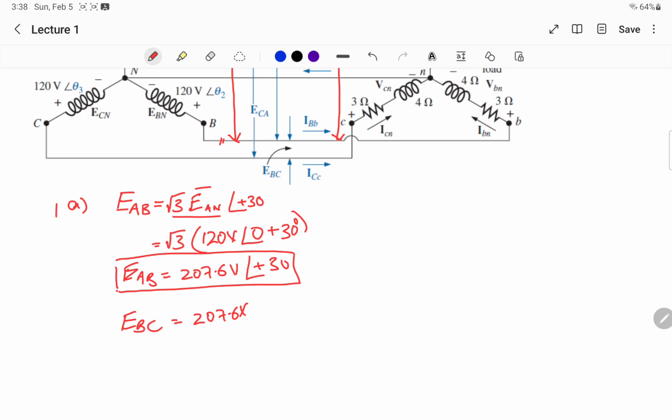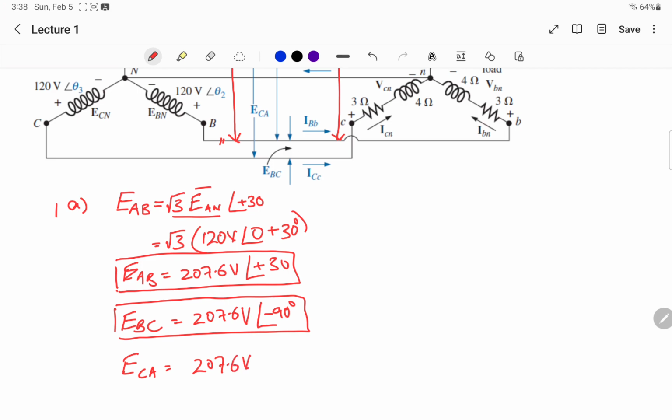So the angle will be minus 90 degrees, and the third one will be ECA, same amplitude, but the angle plus 120. We will add plus 120 in this, so we will get 150 degrees. So these are the voltages that I have got.